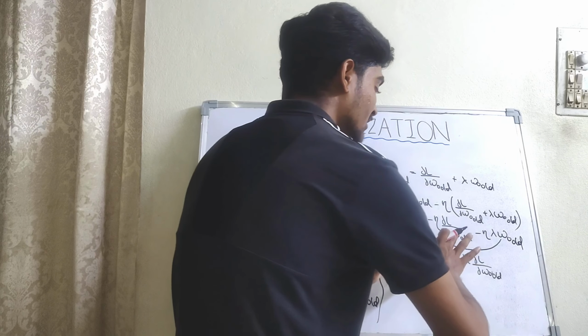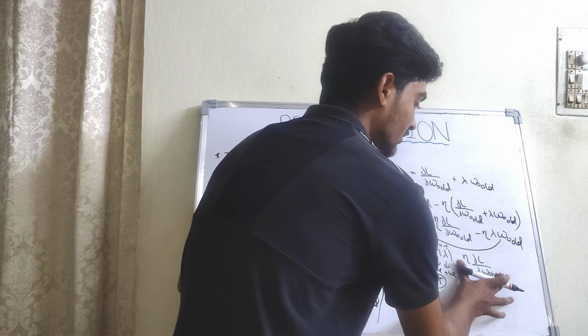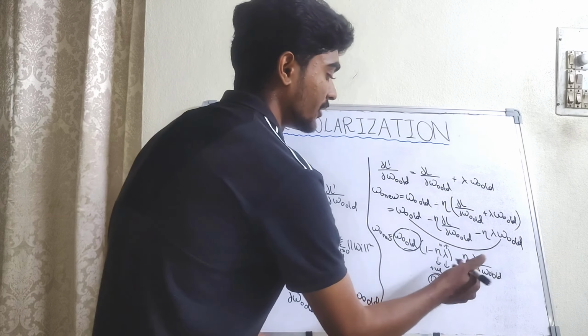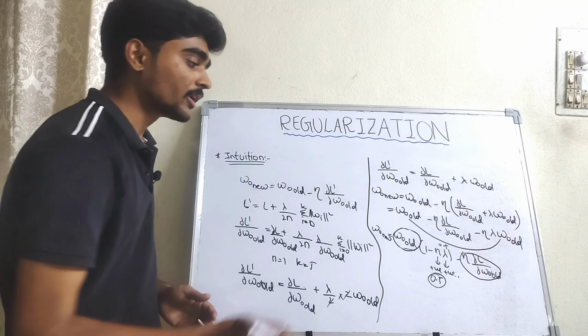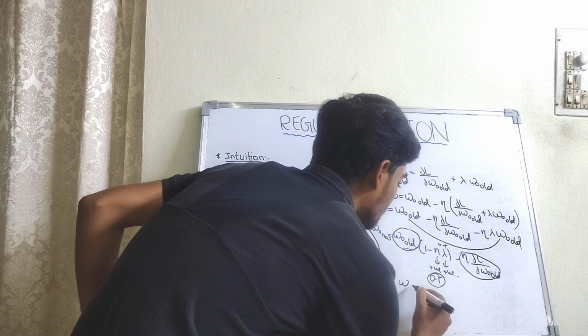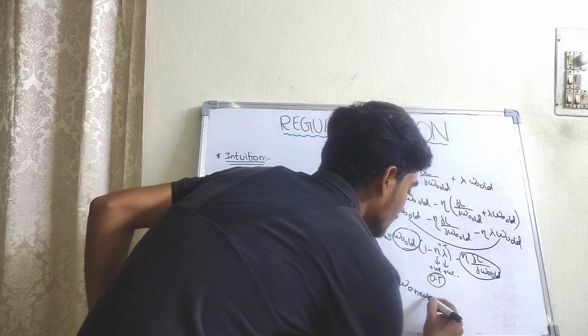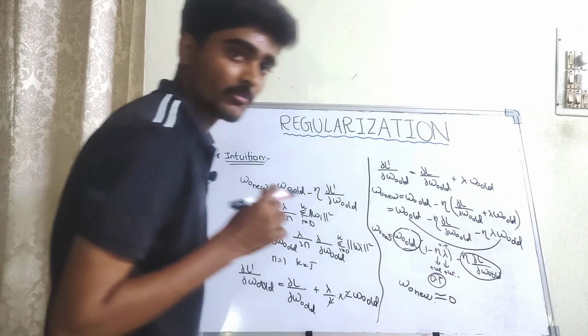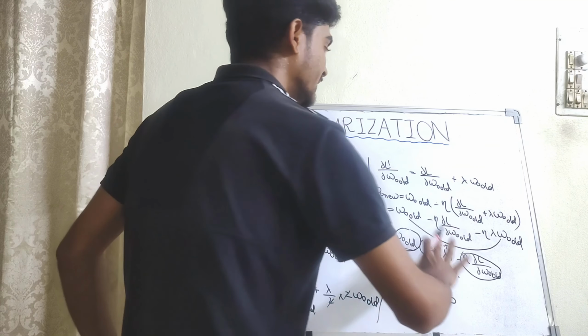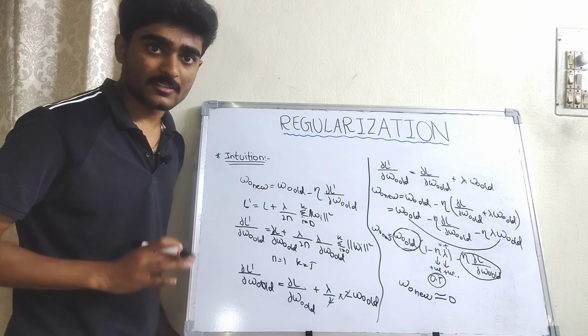Now when I subtract this term from the smaller weight value, it becomes another smaller value. In this way my updated weight values are tending to 0. This is entirely the intuition of regularization.